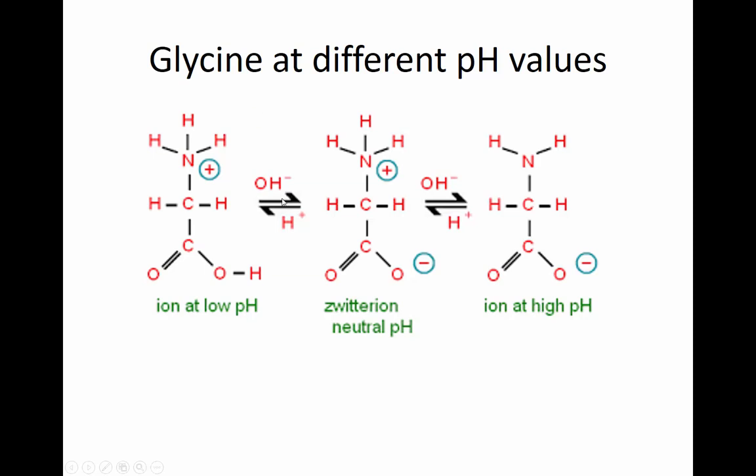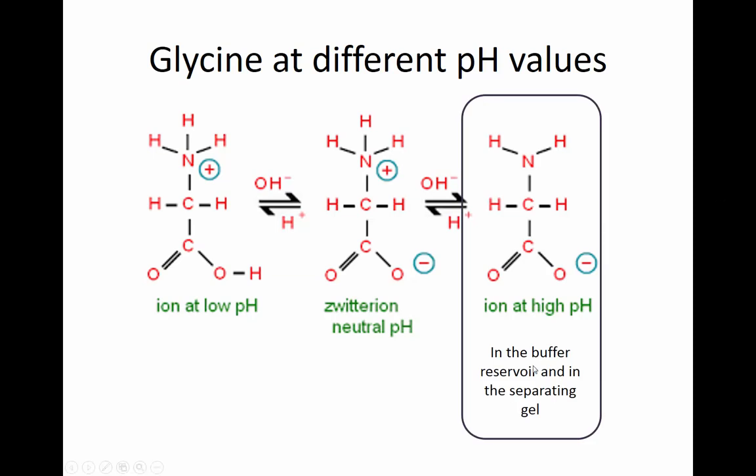At different pH values, you can see glycine will take different forms. At low pH, it'll be positively charged, but we don't have to worry about being at low pH. We're going to be either at neutral pH here, where it's a Zwitter ion, that's in the stacking gel, or it'll be a negatively charged ion at high pH, like the pH in the running buffer and in the resolving gel.